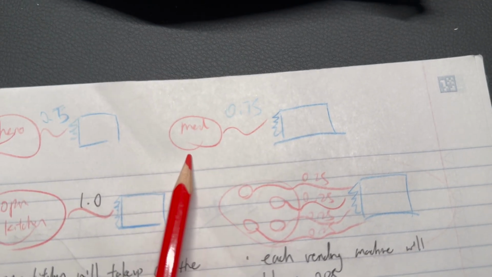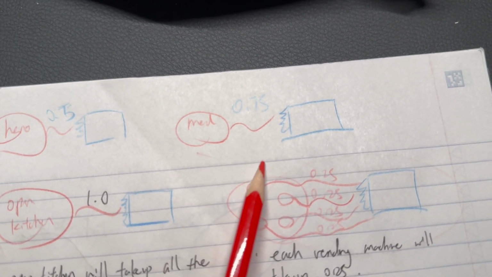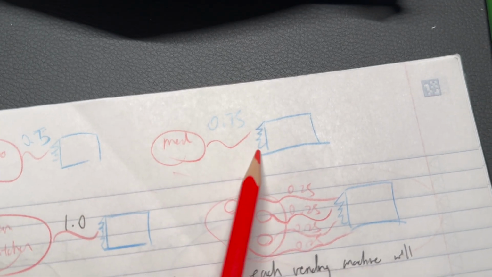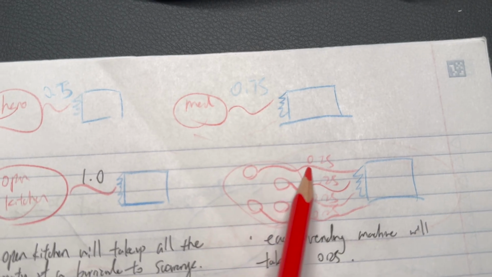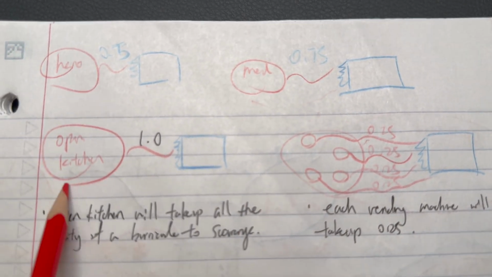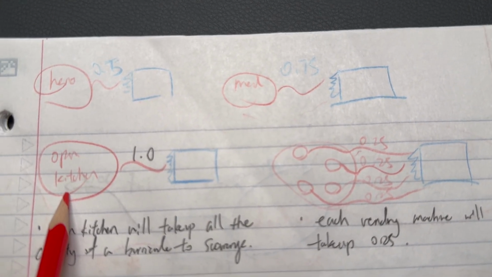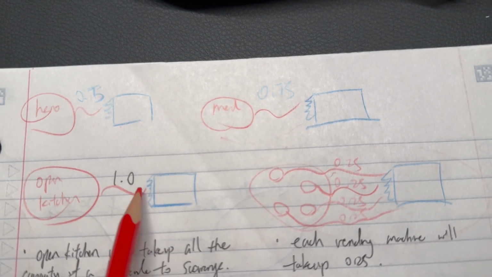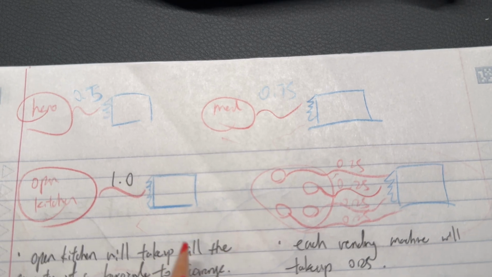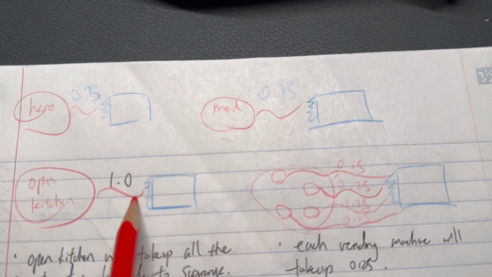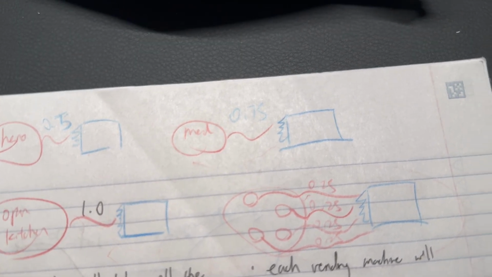And the med requires 0.75. It means that it could at the same time go scavenge one more vending machine, which is 0.25 here. And for open kitchen, there's a lot of resources in there, so it requires 1.0. So all the scavenging ability will be required to go scavenge in the open kitchen.